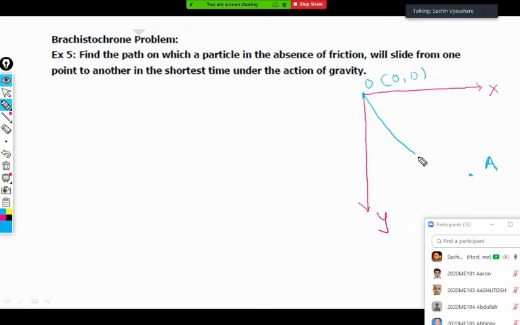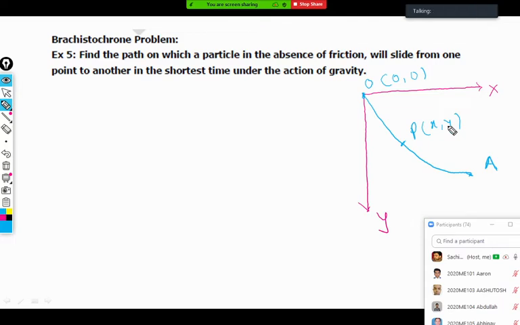We'll take one random curve here, say this one, and on this curve suppose at any instant, at any time t, P(x, y) is the position of the particle. So we'll start like this: let P(x, y) be the position of a particle at any time t.